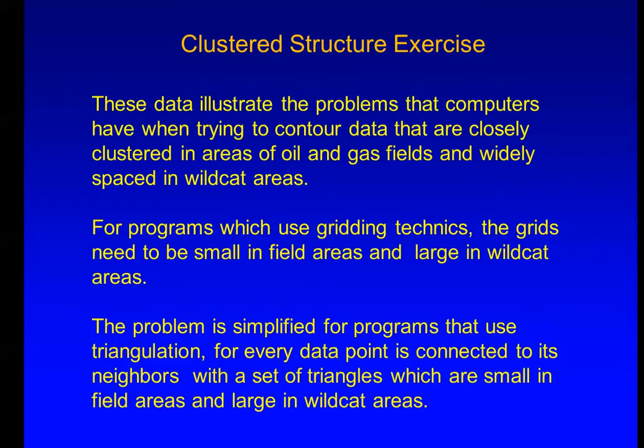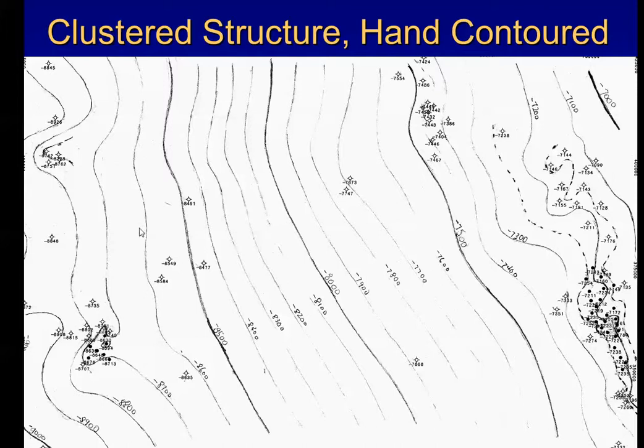Here's a clustered structure exercise, and this is difficult because we have clusters of wells and large open areas, wildcat areas, and so we have to honor all the data in the well areas, and we want to honor reasonably the data in the open wildcat areas, and we don't want to show any anomalies there.